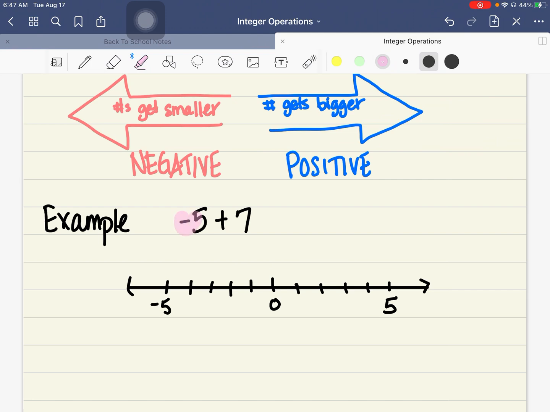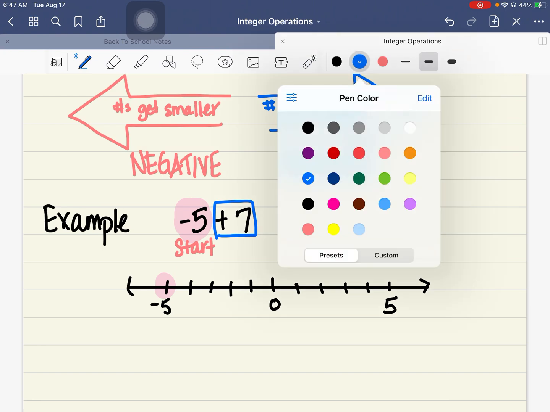So if I want to start here at -5, this is where I start. I'm thinking of this as a +7, so that means I'm going to go in this direction because it's positive and the numbers get bigger, and I'm going to move 7 spaces.